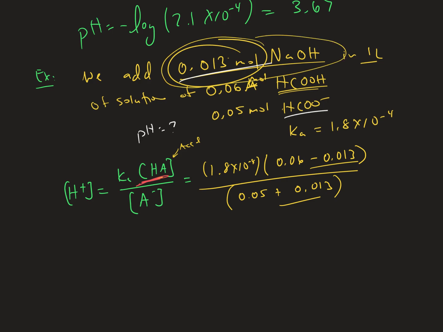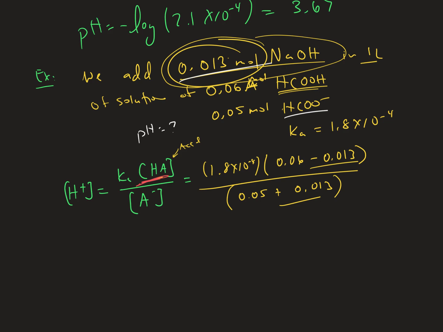So if this was a strong acid that I added, if I wanted to increase the pH, then I would add it to the acid and subtract it from the base. Does that make sense? So you're subtracting the base from the weak acid, right, and adding that same value to the conjugate base. And why is that?